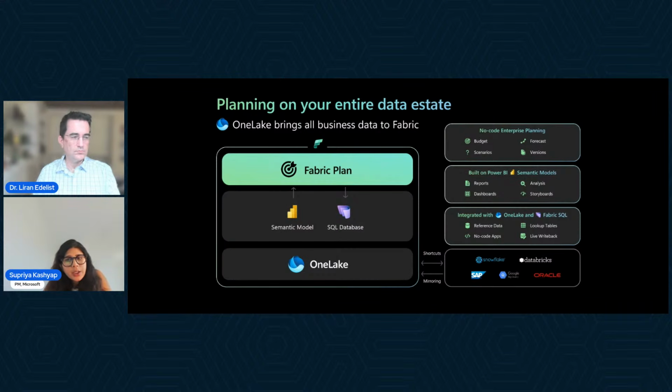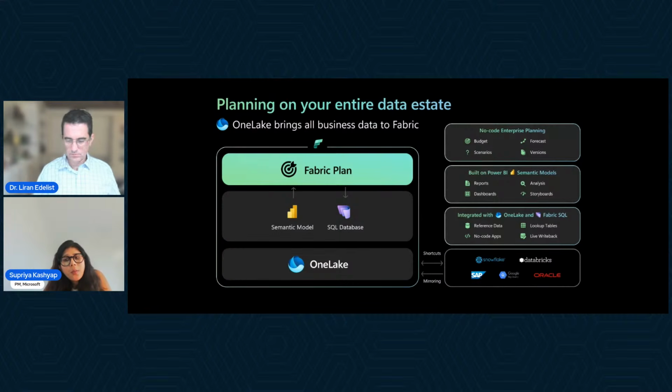So, architecturally, OneLake brings all of your business data into Fabric. And it's not just the Microsoft estate that you will consolidate your data from. Even if you have your data sitting in external data sources, could be Snowflake, could be Databricks, etc., we have capabilities like shortcuts and mirroring, and we have 90 plus connectors through SAP, Oracle, and the rest, where you can get your data mirrored in OneLake without physically moving your data.